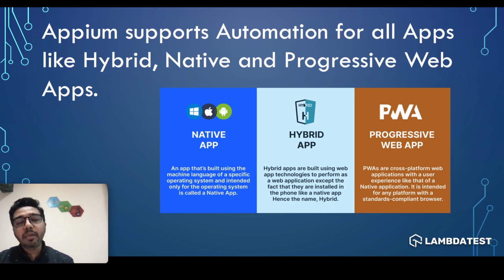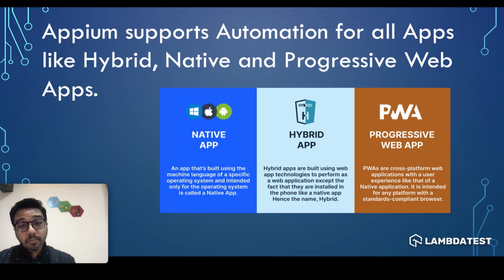That means when we are designing for Android, we will use a platform specific language, for example Java. When we are designing for iOS, again we will use a platform specific language, for example Objective-C or Swift. So those apps are designed in a way that is specific to their operating system.